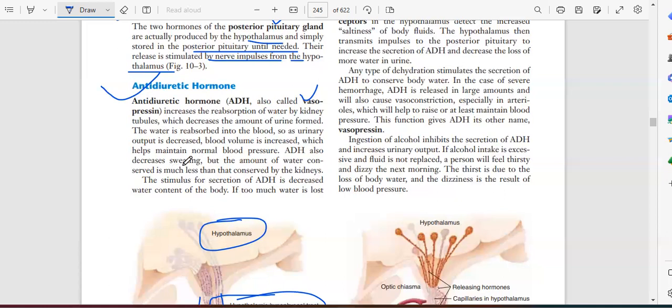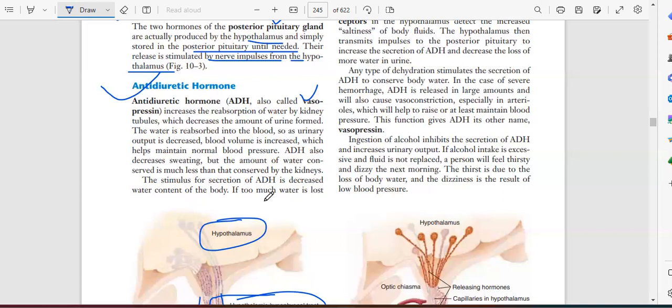ADH also decreases sweating, so a large amount of water is stored in the blood, and your BP is maintained because blood volume is maintained by water. The amount of water conserved by sweating reduction is much less than that conserved by the kidneys.